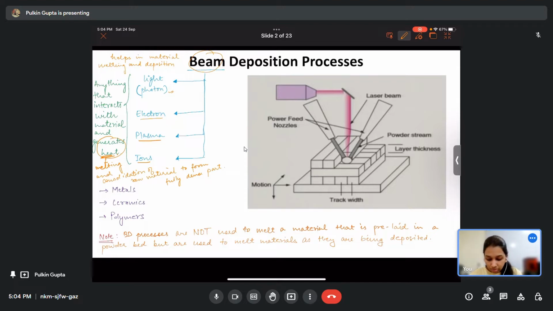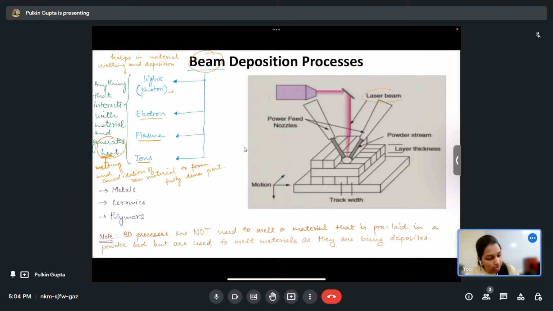On the right is the schematic of a basic beam deposition process. You can see there is a laser beam, this pink colored one, which is traveling, and this is your galvanometer controlled optical system.